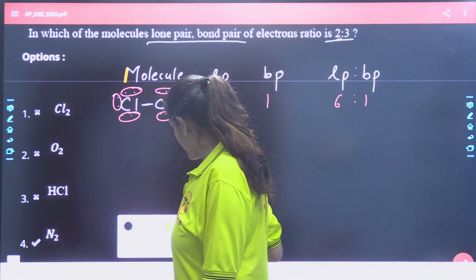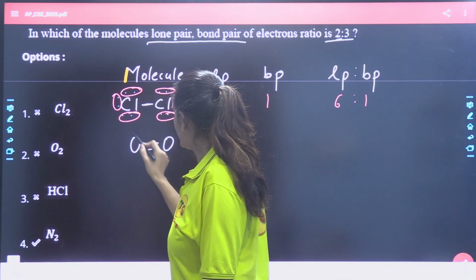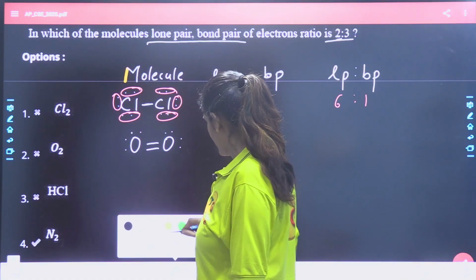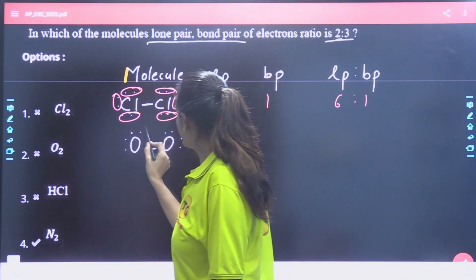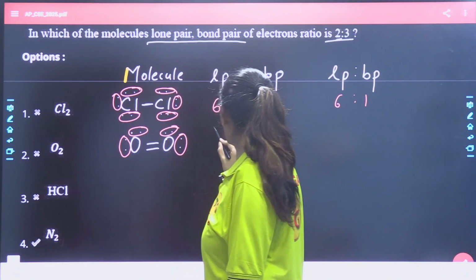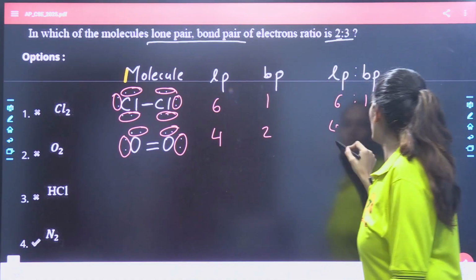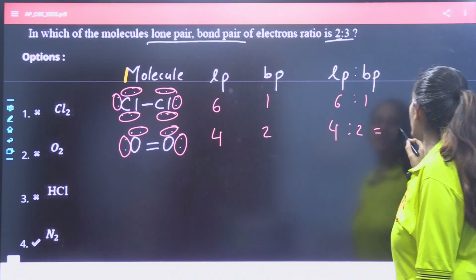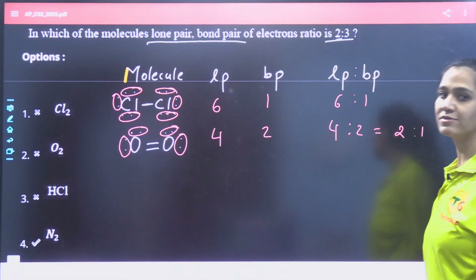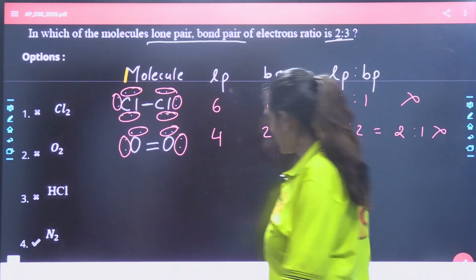Next molecule, oxygen. The oxygen molecule is like this. How many lone pairs? 1, 2, 3, 4. So there are 4 lone pairs, and bond pairs are 2. So it is 4:2, or you can also write it as 2:1. In the question 2:3 is asked, so this is also not our correct answer.